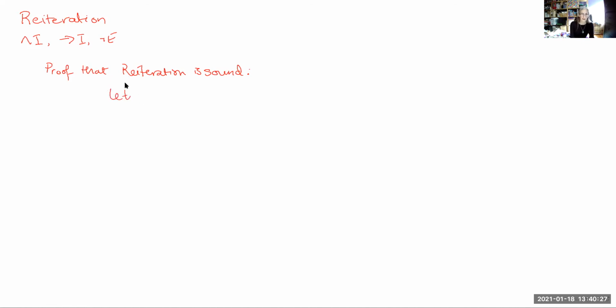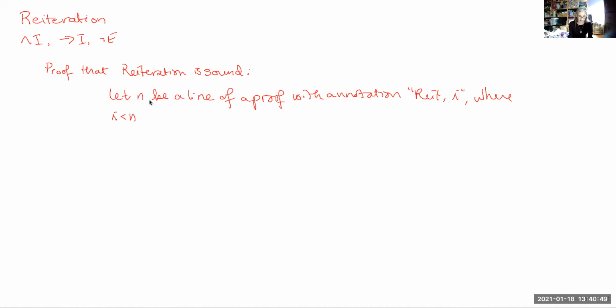What would this look like? Let n be a line of a proof with addition, reiteration of line I, where I is earlier in the proof than n.